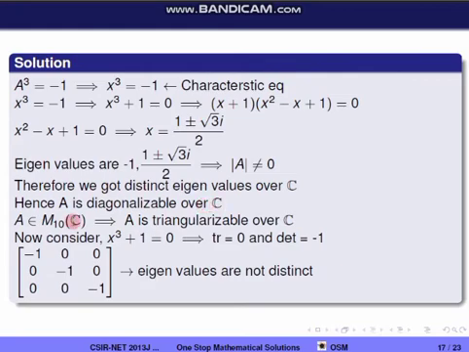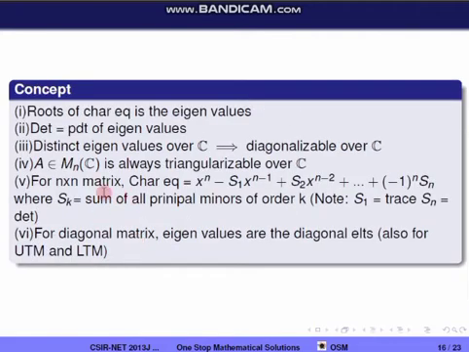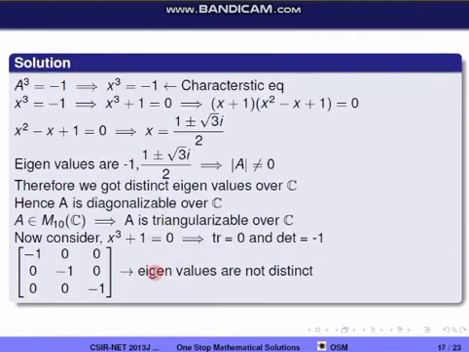Also note that A belongs to M_n of C and is always triangularizable over C. Note that the eigenvalues need not be distinct in every case. Consider the characteristic equation that we found, x cube plus 1 equal to 0. If you compare this equation with the general n by n matrix characteristic equation, we get trace equal to 0 and determinant equal to minus 1.